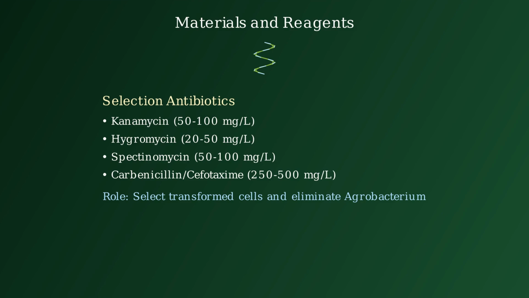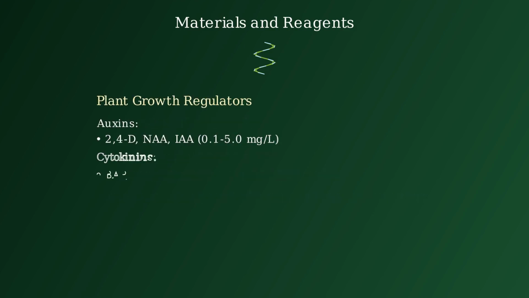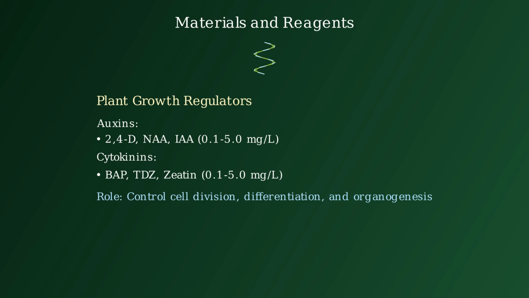Antibiotics like kanamycin and hygromycin select for plant cells containing the resistance gene, while carbenicillin and cefotaxime help eliminate residual Agrobacterium after transformation. Plant growth regulators control cell division and differentiation. Auxins like 2,4-D and NAA promote callus formation and root development, while cytokinins such as BAP and zeatin stimulate shoot development. The balance between these hormones determines regeneration outcomes.